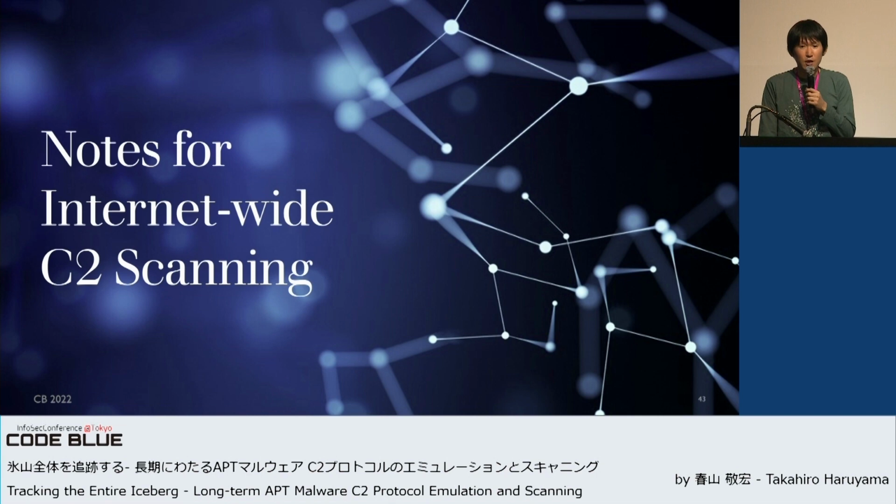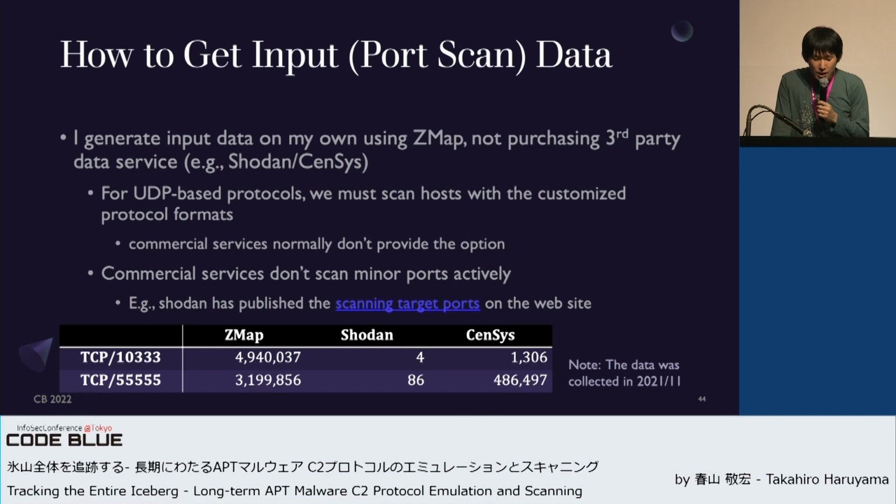In this section, I'd like to share my findings for internet-wide C2 scanning, not limited to WinNTI and ShadowPad. I generate initial port scan data for the C2 scanning Python scripts using ZMap, not purchasing the third-party data service such as Shodan, Census, Rapid7, and so on.